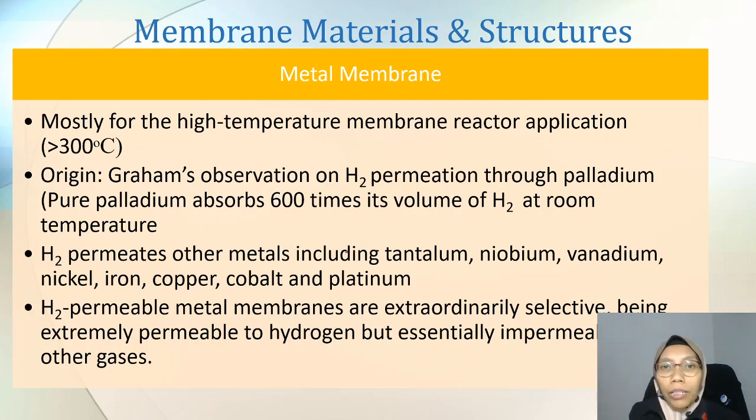The first metal membrane was discovered when Graham observed hydrogen gas permeation through a palladium membrane, because pure palladium is able to absorb 600 times its volume of hydrogen at room temperature. Hydrogen can also permeate other metals such as vanadium, nickel, iron, copper, etc.